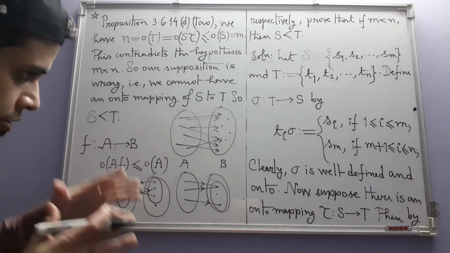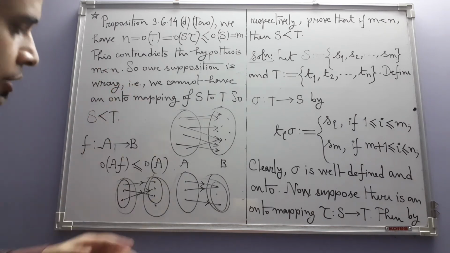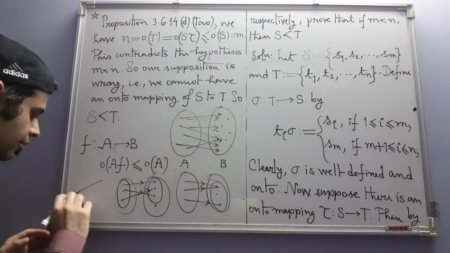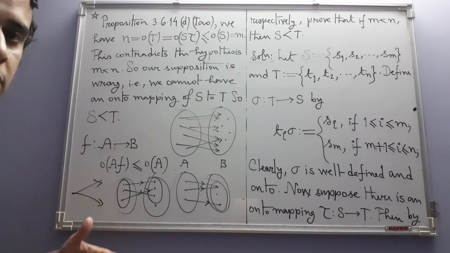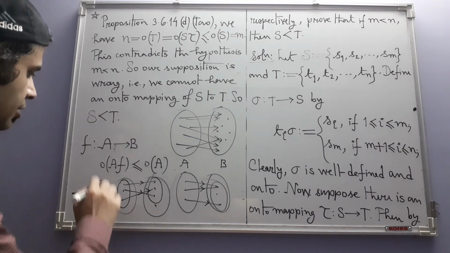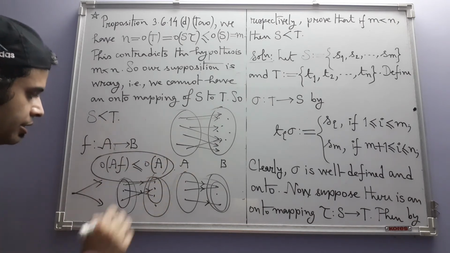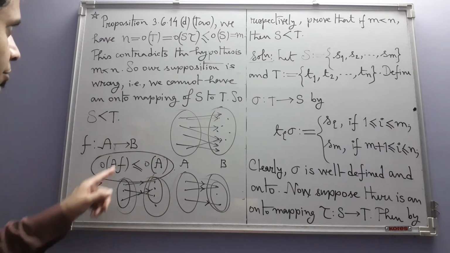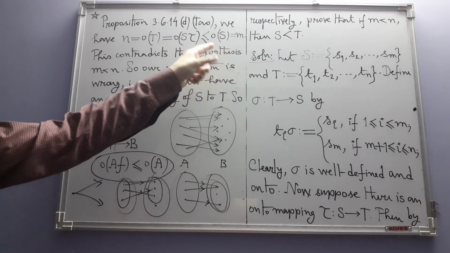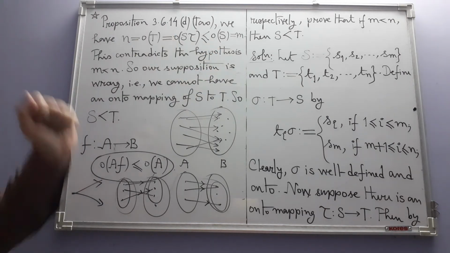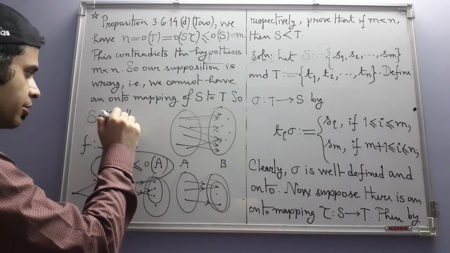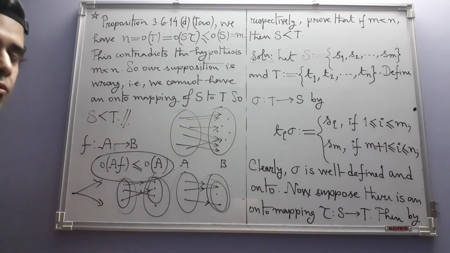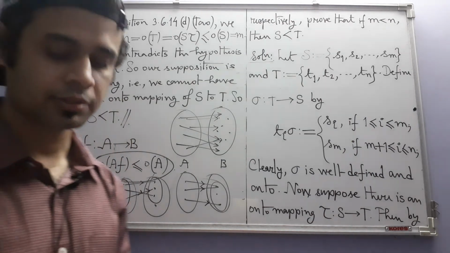Otherwise it will be smaller, but it can never be bigger, because in a mapping we cannot go from 1 element to 2 elements. We can come from two or more elements to one element. So that's why this inequality is always true, and we have used that inequality here. Okay, and we have got what we wanted. So here the solution ends, and this set of exercises also ends.